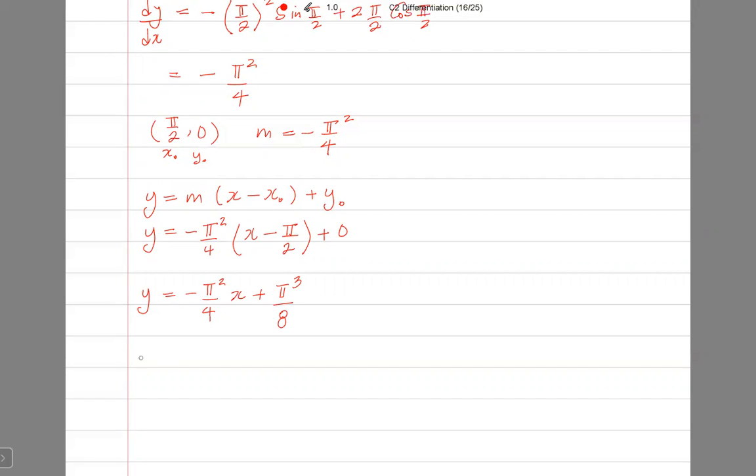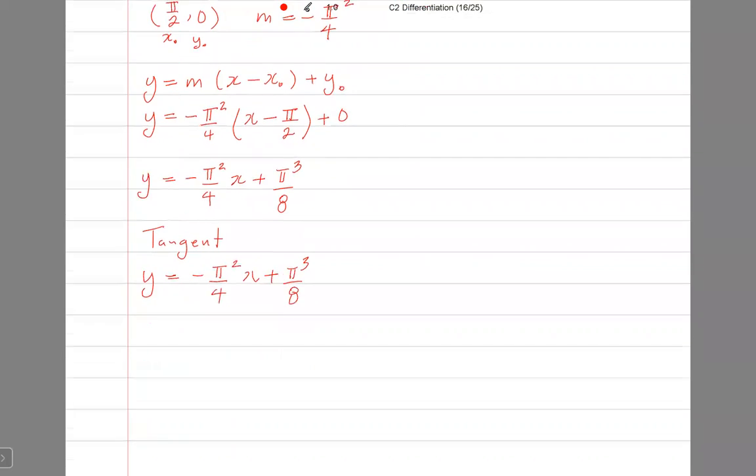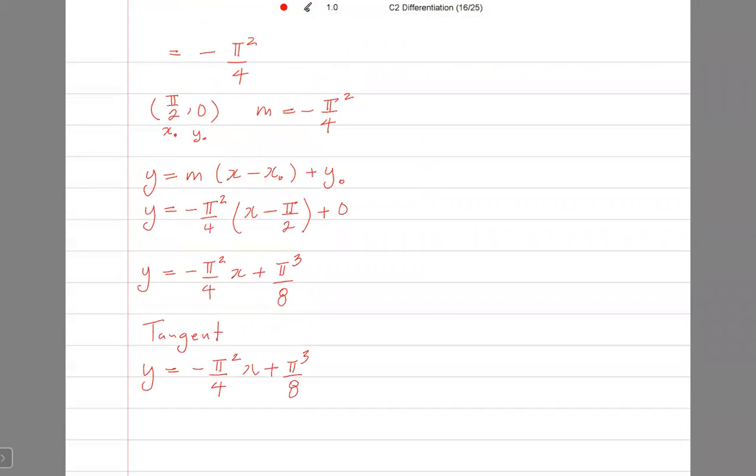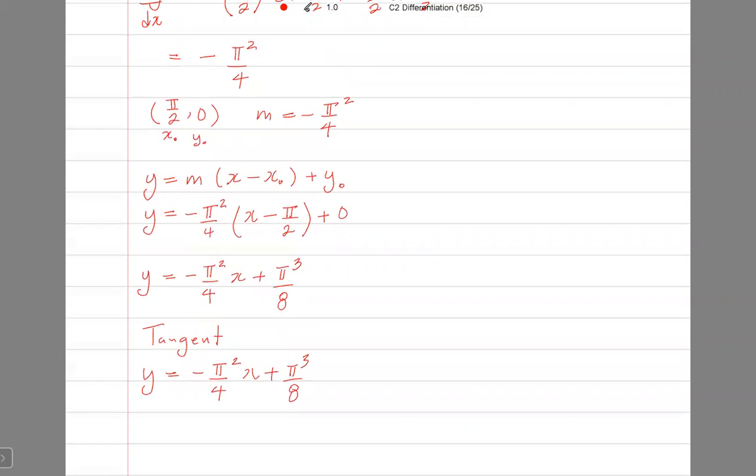So the tangent is y is equal to minus pi squared over 4 x plus pi cubed over 8. So now let's go for the normal.